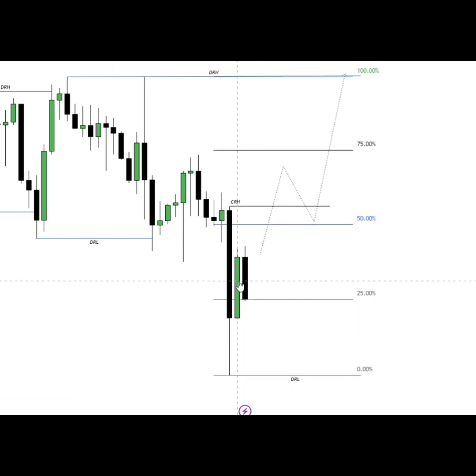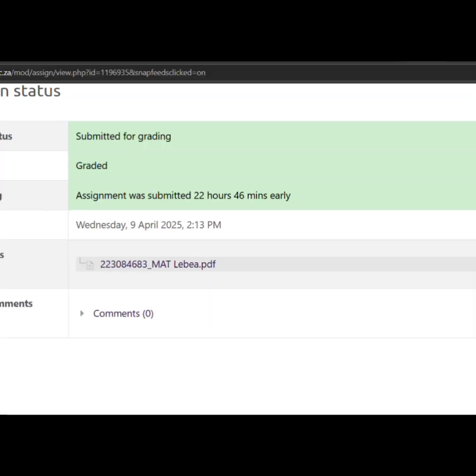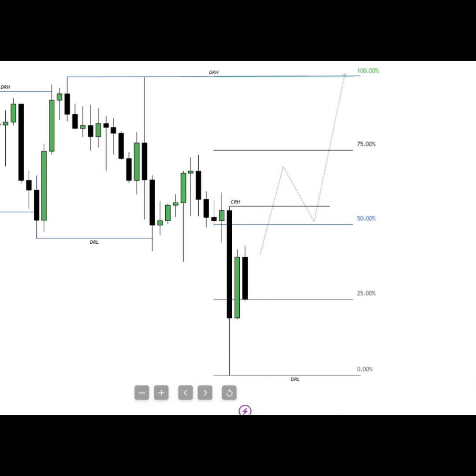So price went above, closed above, and then came back to retrace to the 25% of price right about here, right? Which is very convincing for me to say we have the potential to go to the upside, since price just came back to tap and then didn't close below the 25%, right?